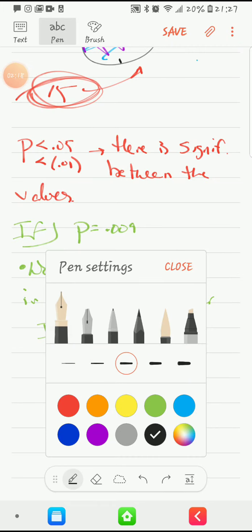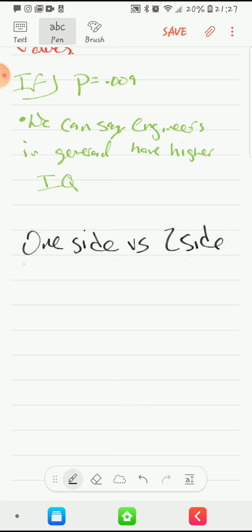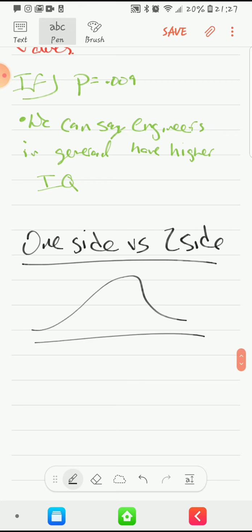So I want to add to it. I want to talk about the one-sided t-test versus the two-sided t-test. When you think about one-sided versus two-sided, it's like looking at a bell curve. All right, so you got your bell curve where this is going to be your average, and the t-test basically looks at the realm. A general t-test is going to be two-sided.